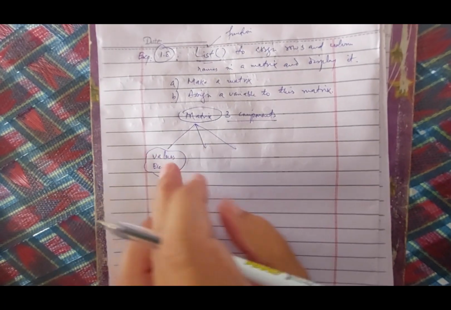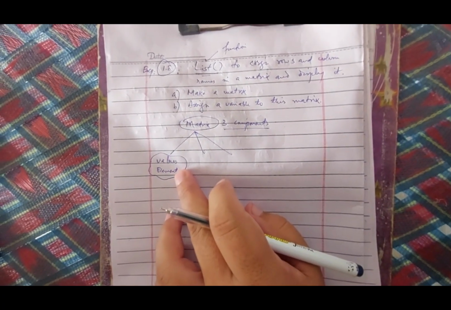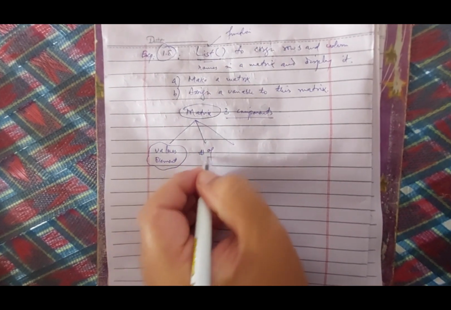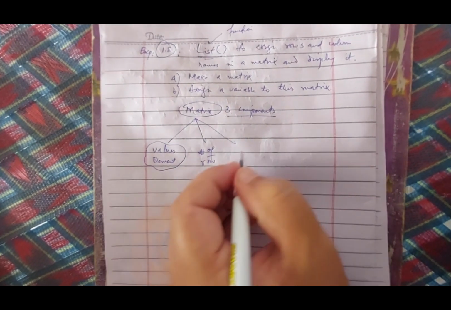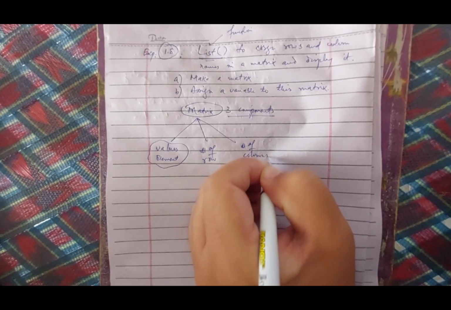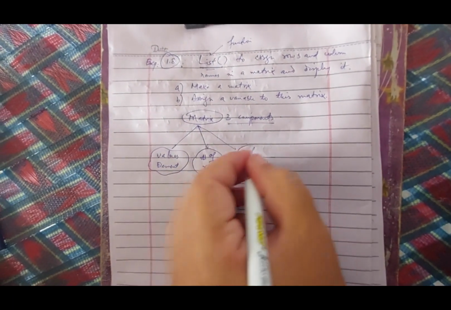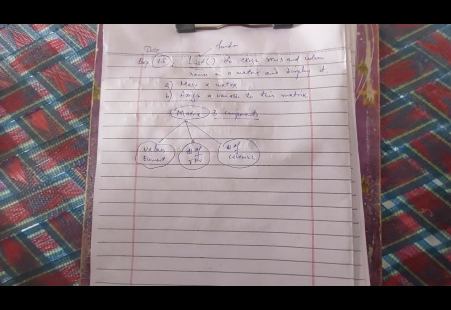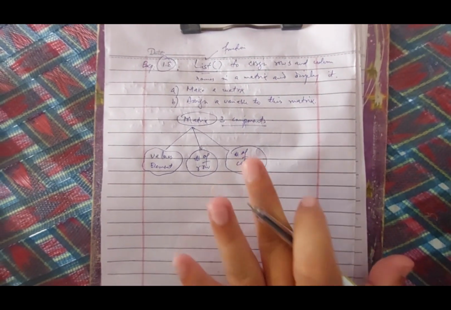So in a matrix you have to define the values or elements. Number 2 is the number of rows, and number 3 is the number of columns. I need you to understand these things.